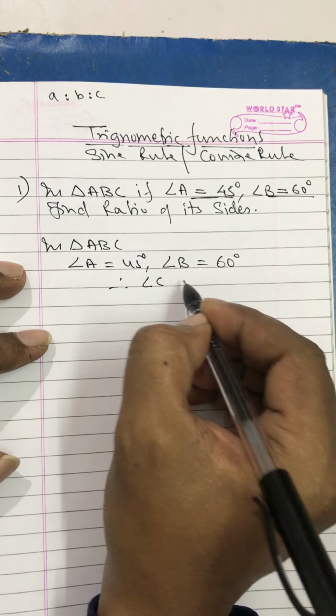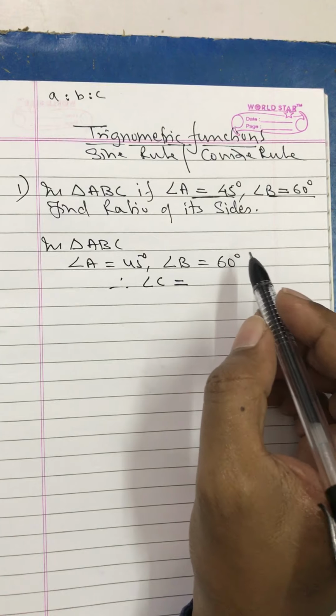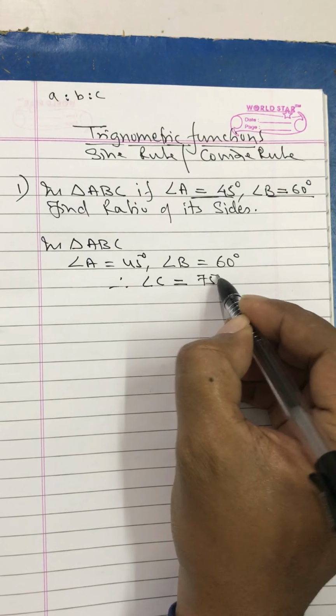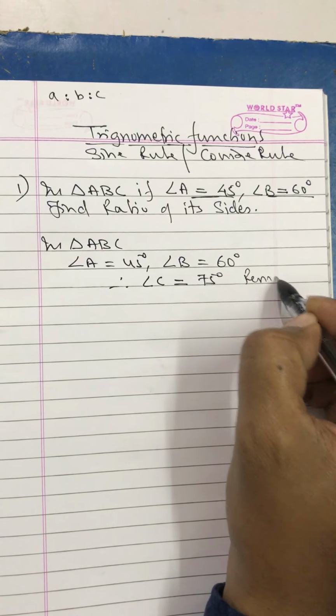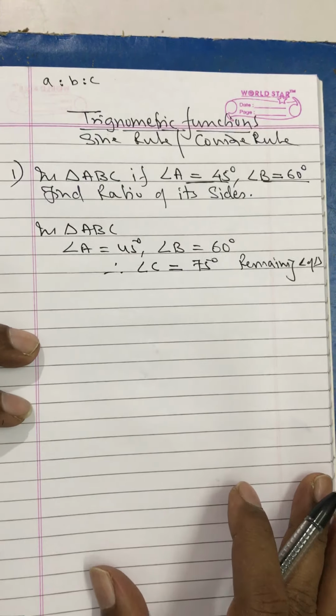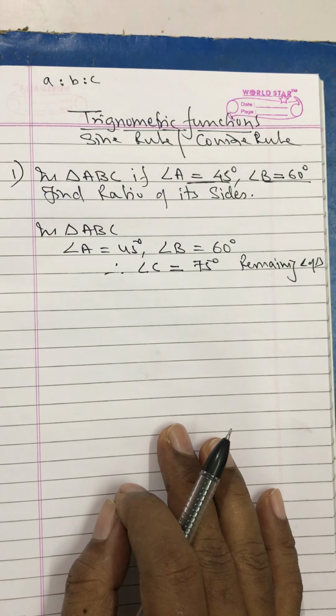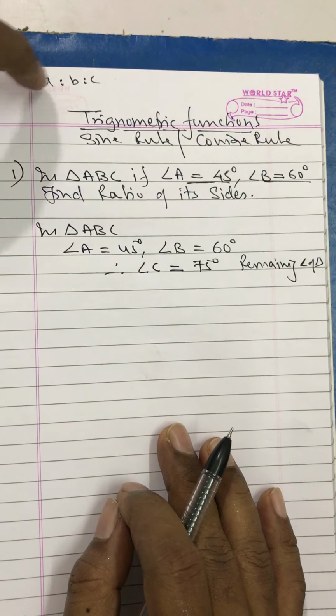Therefore, angle C will be 75 degrees. Reason: remaining angle of a triangle. So these are the three angles that you have got: angle A, angle B, angle C. And now you have to find a is to b is to c.